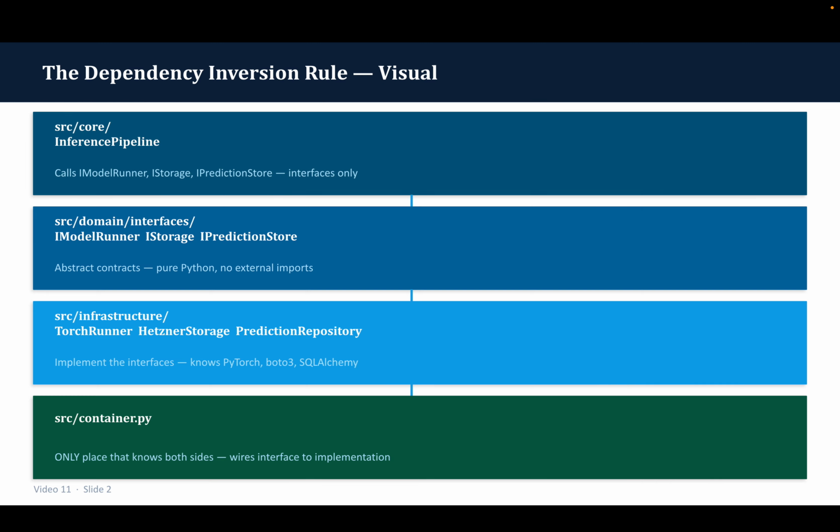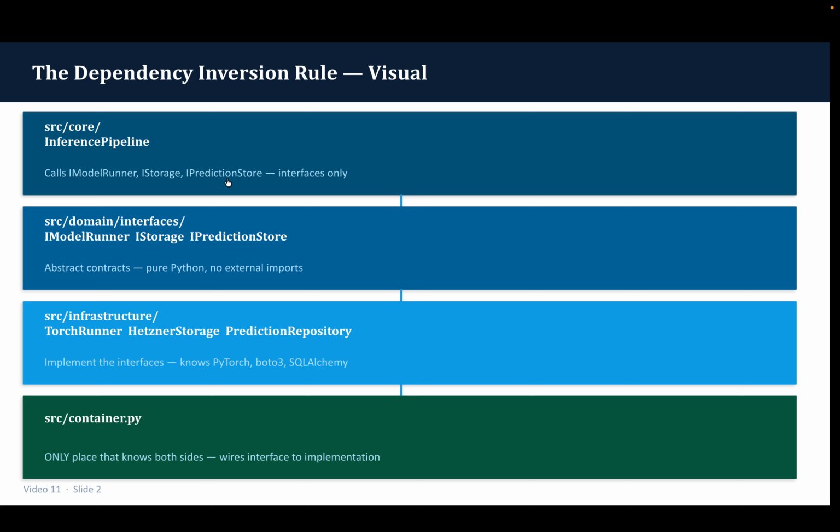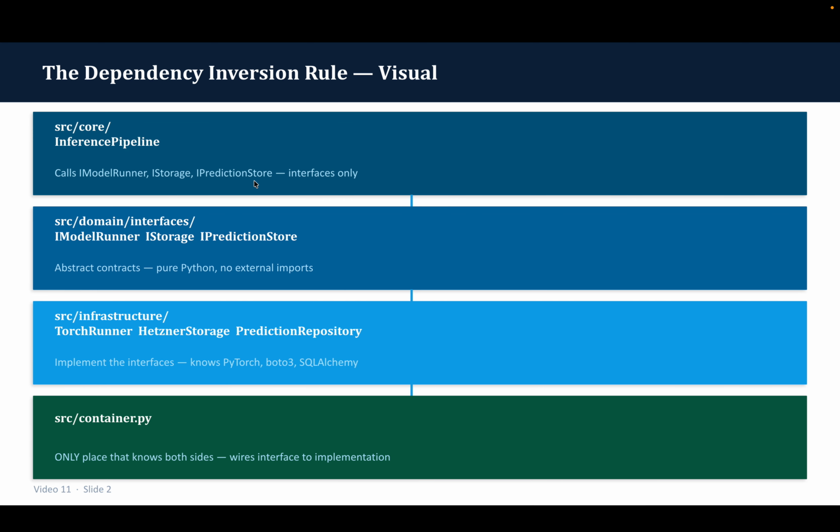Here we'll be discussing the dependency inversion rule, and how we need to start bringing our API together. Like we've said, our core part will contain our inference pipeline, and it will contain our model and the main implementation of the inferences.